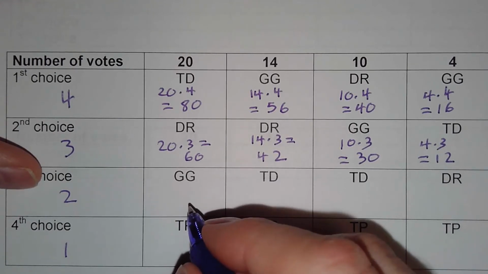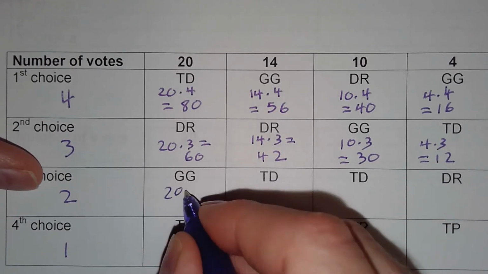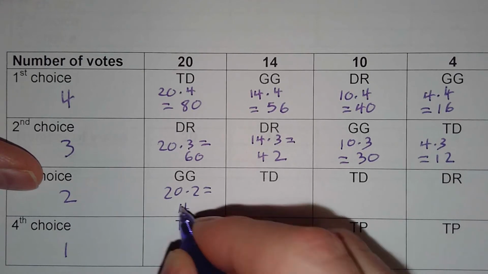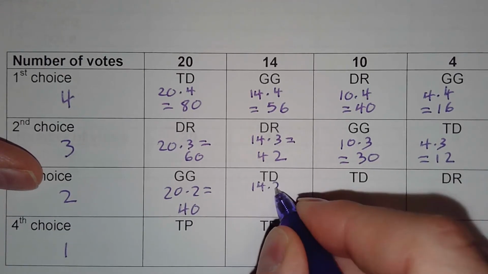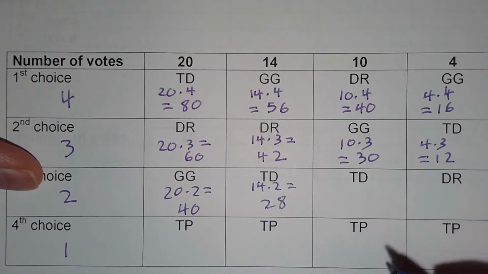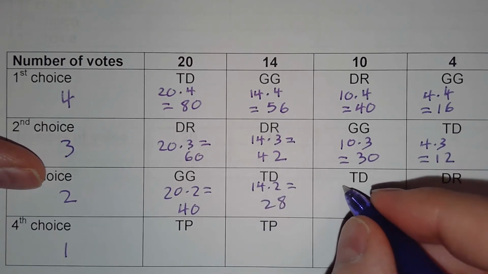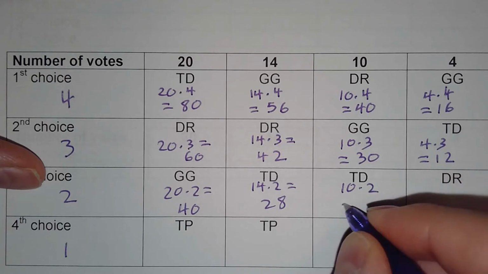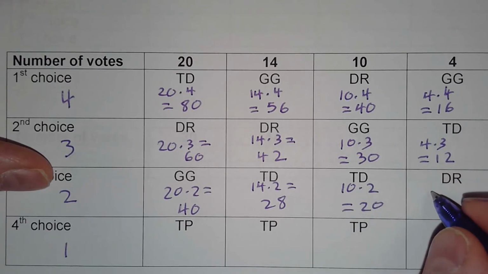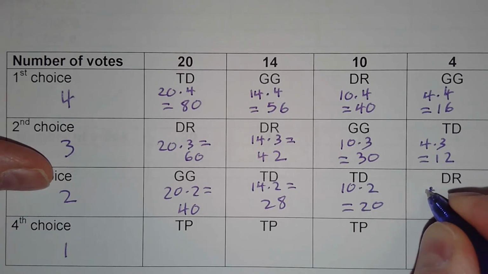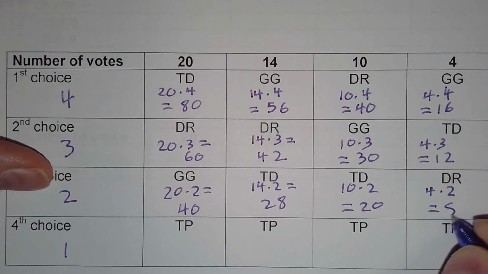All right, now go down this column. We got 20 times 2 is 40. 14 times 2 is 28. 10 times 2 is 20. And then 4 times 2 is 8.